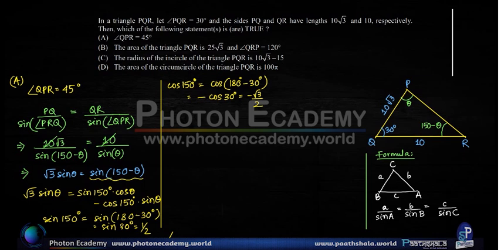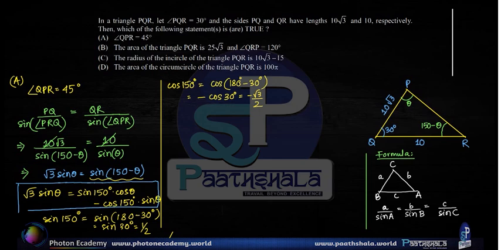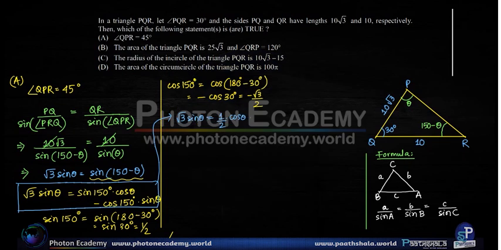Putting the values in the equation, we get root 3 sine theta is equal to half into cos theta minus of minus root 3 by 2 into sine theta.